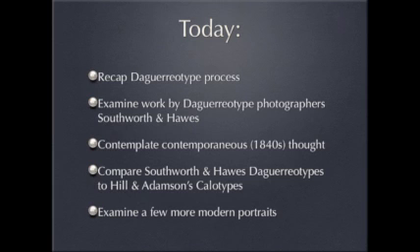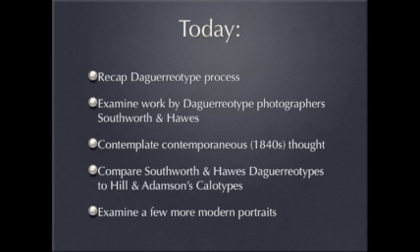We're going to examine some daguerreotype photographs by a partnership duo of Southworth and Hawes. And while we do that, we're going to look at some ideas that were happening at about the same time that this Southworth and Hawes duo were making daguerreotype portraits. Some thoughts that some of you may remember from some other classroom activities maybe a long time ago.